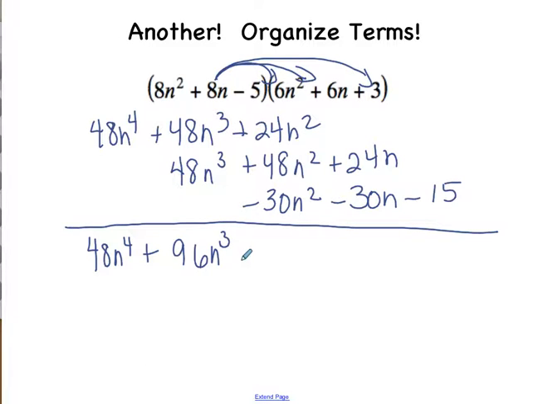So this will be 42n squared. Then I have minus 30 plus 24n, so that would be minus 6n and then minus 15. And there's your answer. It does make things easier if you organize it like this. Otherwise, you're hunting down which terms are like at the end, and you're likely to make an error. So if you organize yourself, things will go well.